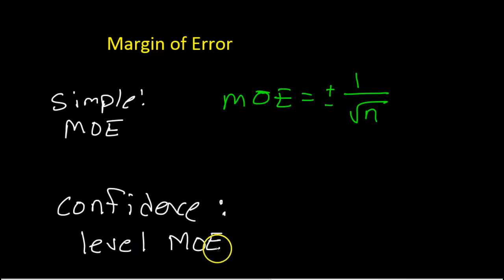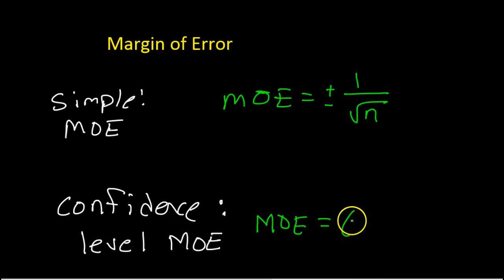Now for the confidence level margin of error, which is more precise: for the simple margin of error, we just find out the range where the true feelings of the population are likely to fall between those two numbers. But if we want to be able to say we can be 90% sure or 95% sure that the true answer is in here somewhere, then we need this more advanced version of the margin of error formula that takes into account the percent confidence you want.